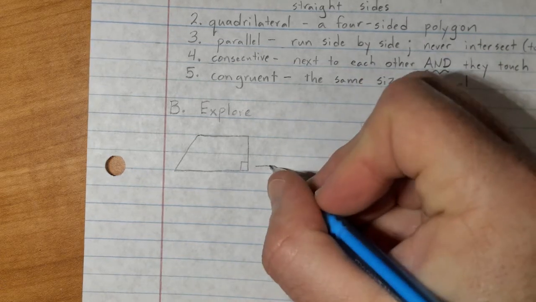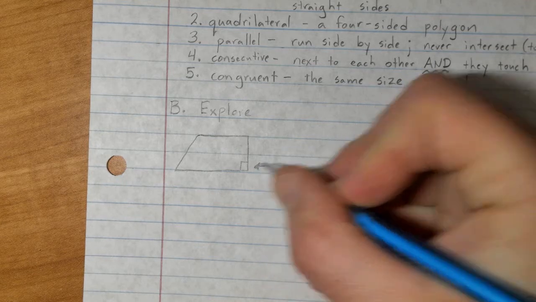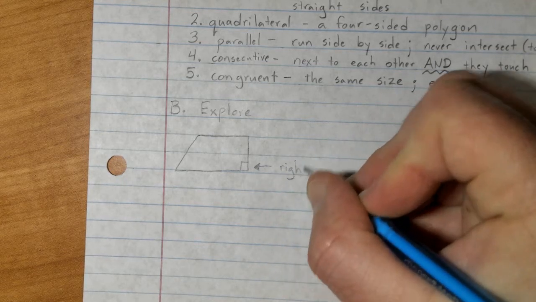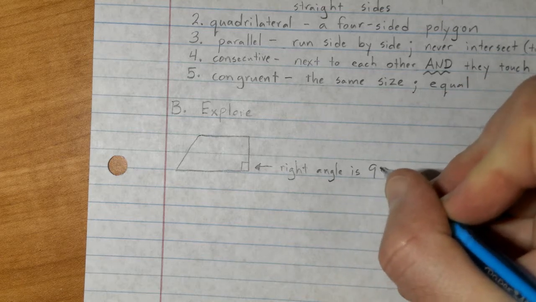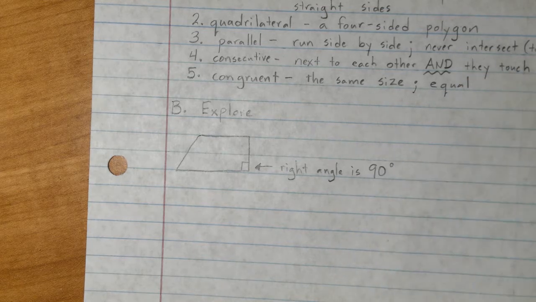Okay. Now hopefully you remember a right angle is 90 degrees if you're using a protractor. And there will be a paper copy of a protractor you can print and use included with this activity on Google Classroom.